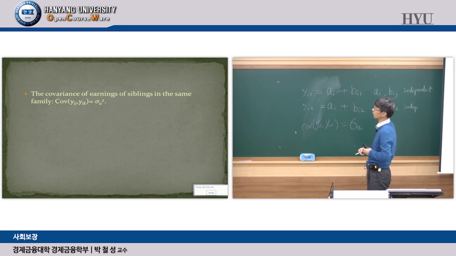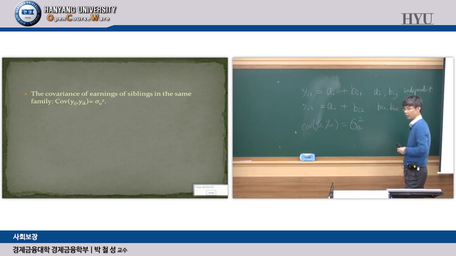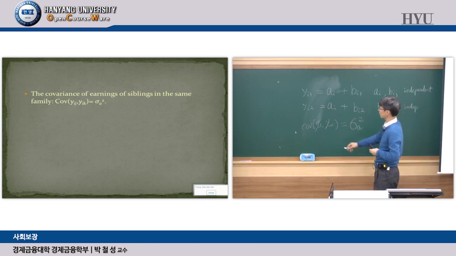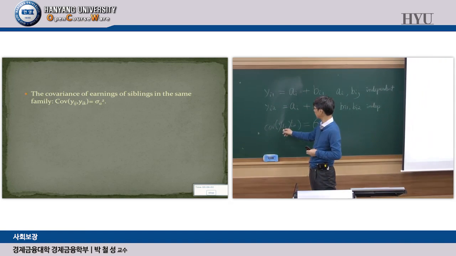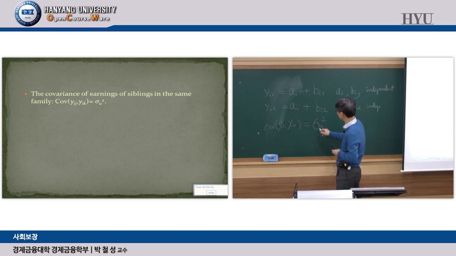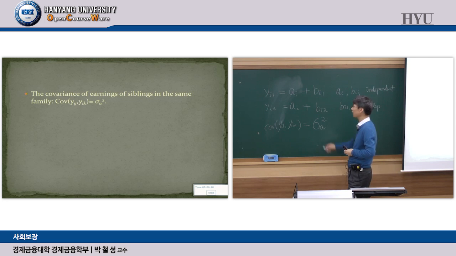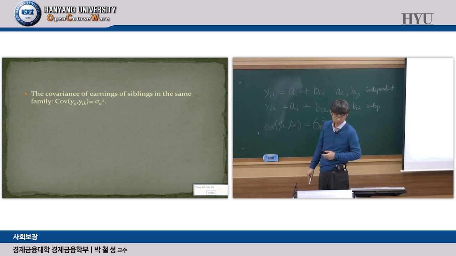If you use the equation for covariance, which I gave you last time, it's actually sigma A squared. So what determines the covariance of Yi1 and Yi2 is just the variance of A, the variance of the common factor.